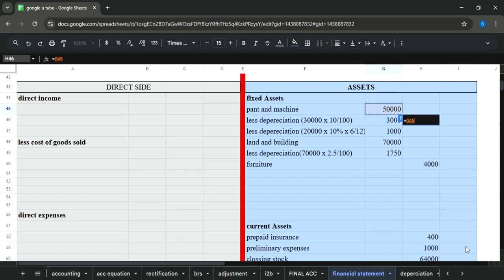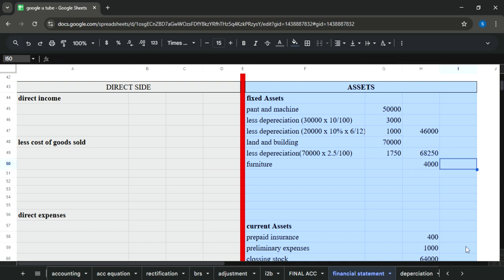First plant and machinery, then less its depreciation, and there were two depreciation. So we will subtract both, less first depreciation, less second depreciation. Then we have land and building less its depreciation, got the answer.